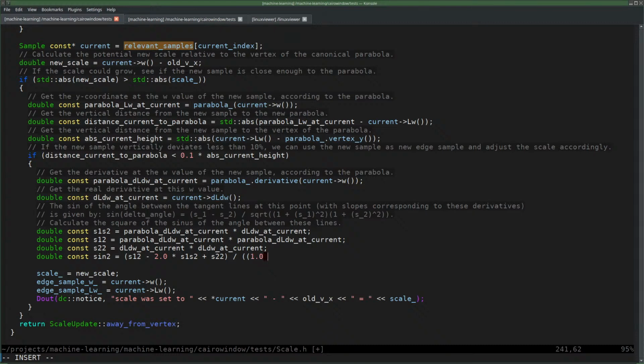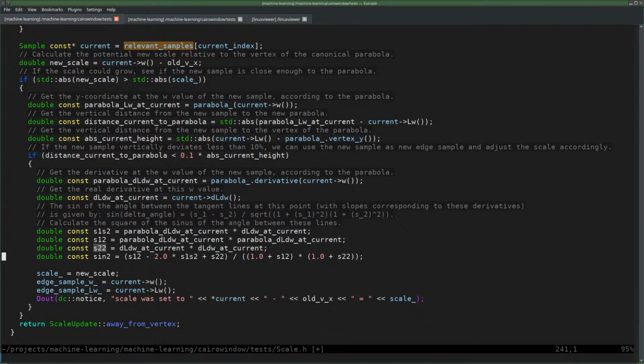1 plus the square of S1 times 1 plus the square of S2. No square root and no sine.